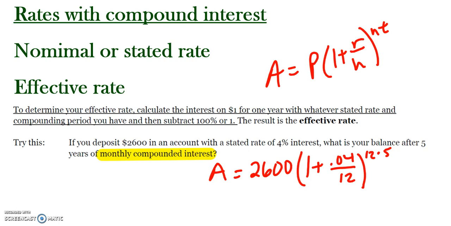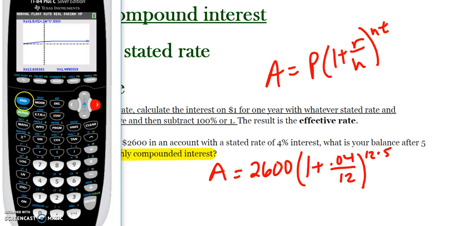So let's grab our calculator and plug this in. So now we have 2,600 times the quantity 1 plus 0.04 divided by 12, raised to the, and please make sure you take 12 times 5, whether you multiply it ahead of time and get 60, or just make sure the 12 times 5, the entire thing, is the exponent.